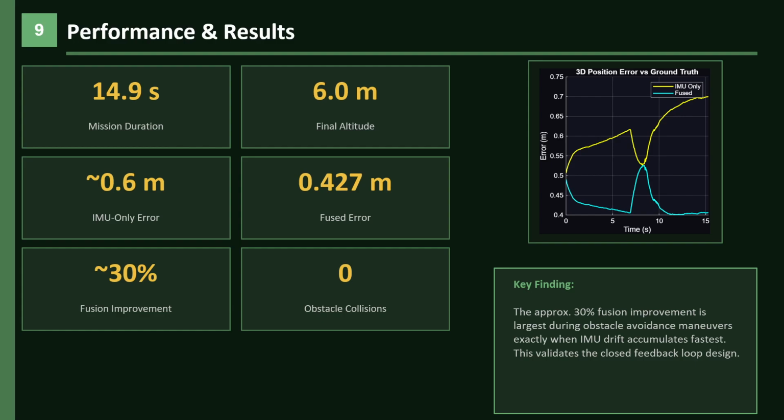It reached the goal state in just under 15 seconds, and it had a fusion improvement of around 30%, depending on when I ran the model. Sometimes it was 29.7, sometimes 29.2, but generally around 30%.